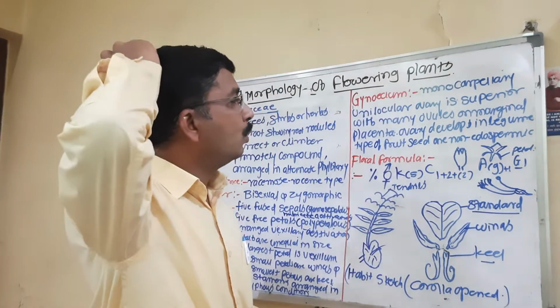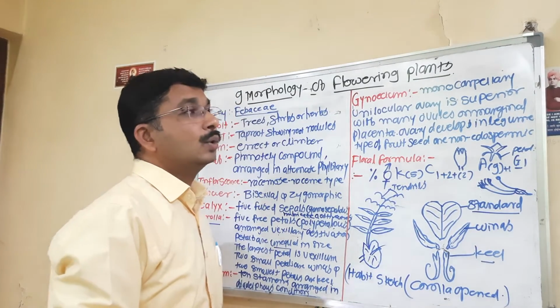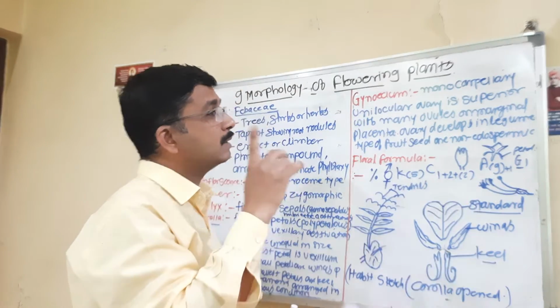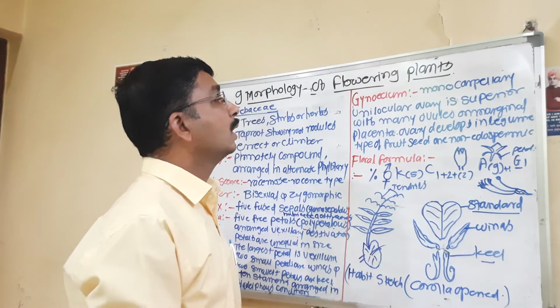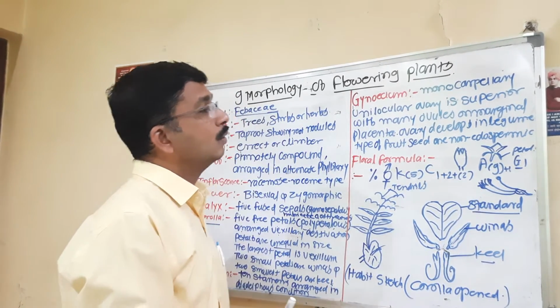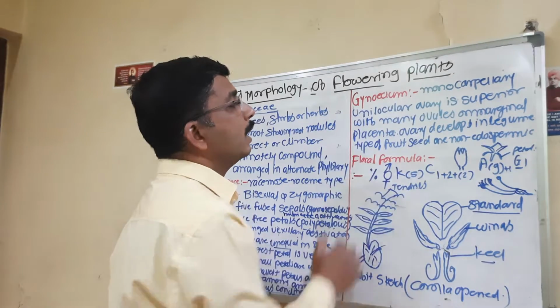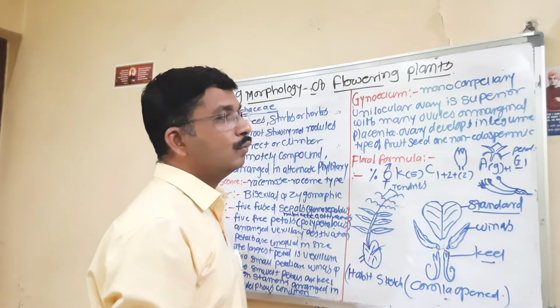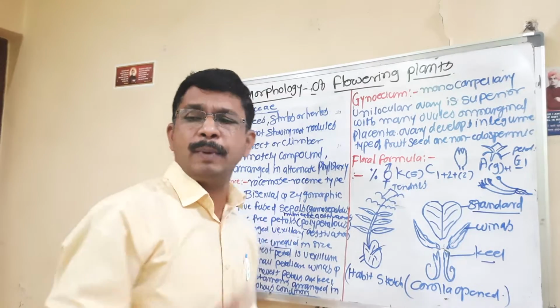Gynoecium is monocarpellary, the carpel is single. Unilocular, the locule is also single. Ovary is superior with many ovules. What do we mean by superior?